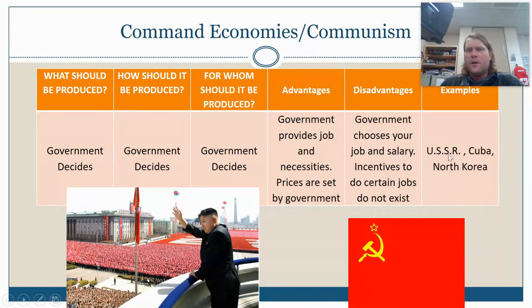Modern examples: the Soviet Union, which is not called the Soviet Union anymore, is now called Russia. So the Soviet Union through the 60s, 70s, and 80s, even before that, Cuba and North Korea are probably the best examples. I could throw China in there as well, but in fact, China is actually coming up with some capitalist policies that allow people to keep a little bit more of their profit than they had in the past.